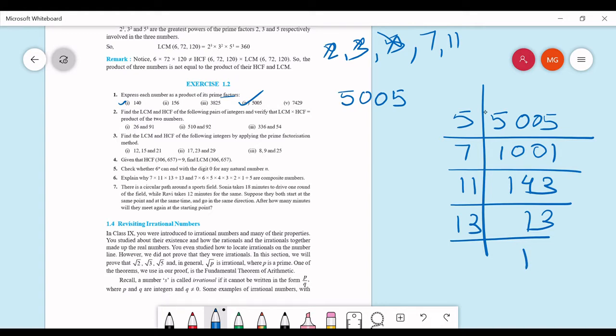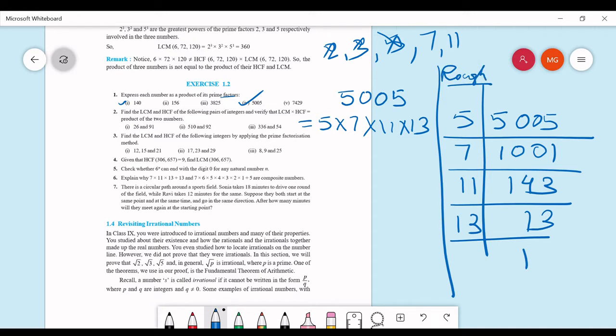So clearly you can get your 5005 will be equals to 5 multiplied by 7 multiplied by 11 multiplied by 13. Understood? So this is how you will be doing rest of the parts. I did first and fourth for you. Now you will be doing second, third and fifth at your own, right? So this was for the first question.